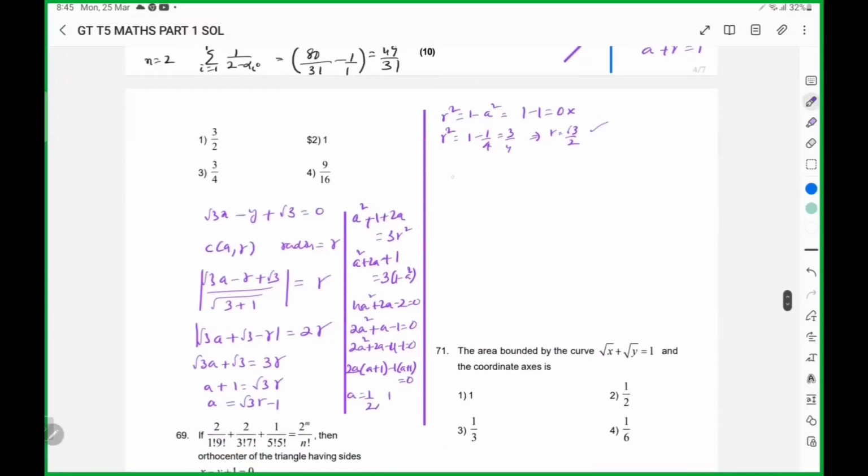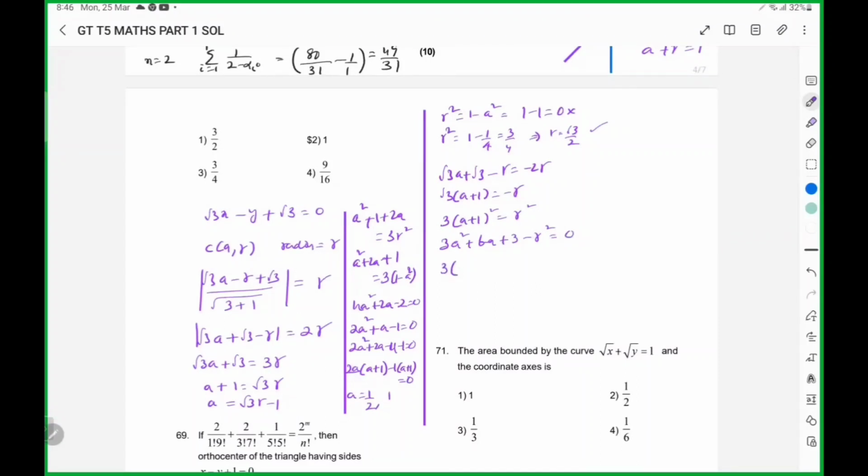In the other case, root 3a plus root 3 plus minus r is equal to minus 2r. That is root 3 times a plus 1 is, squaring both sides, we get 6a plus 3 minus r square is 0.